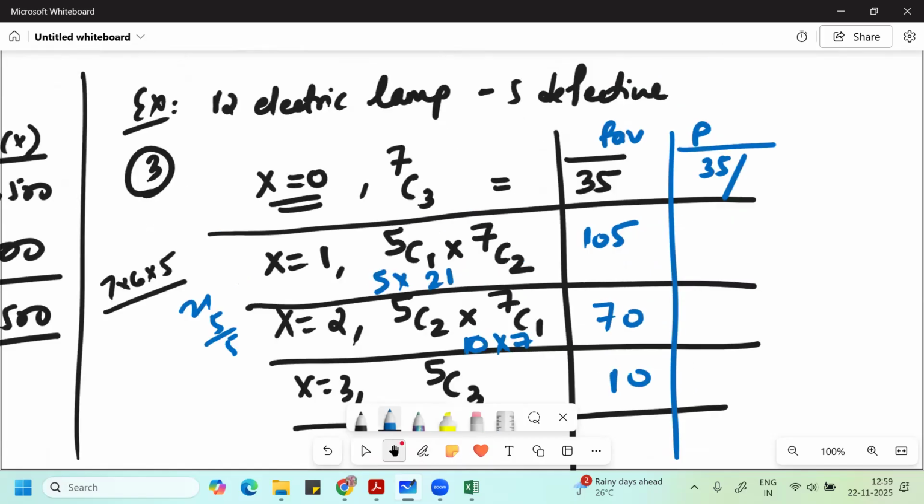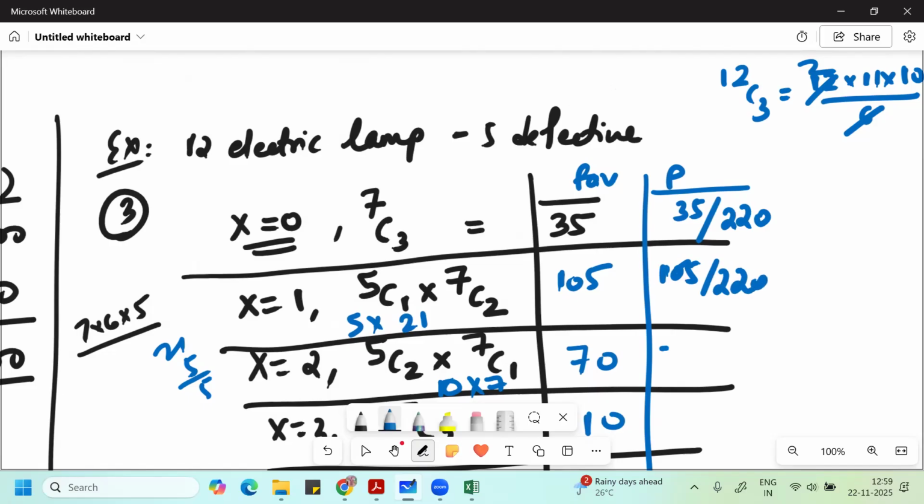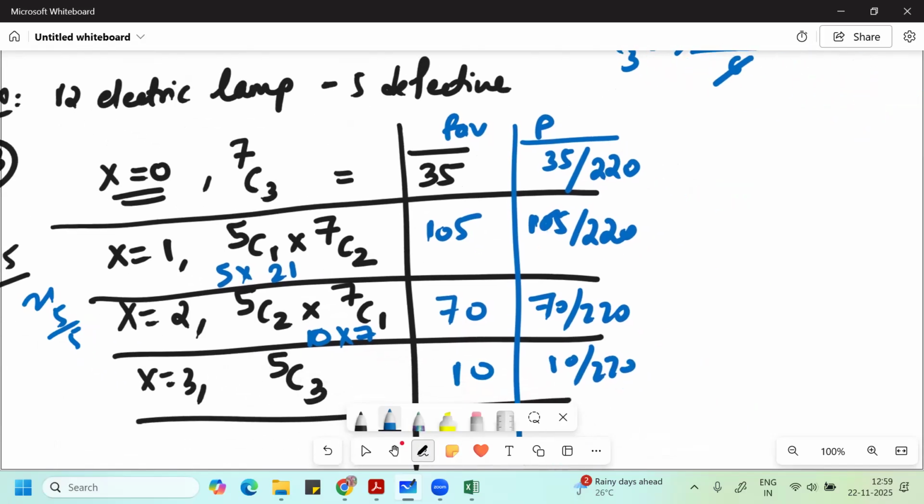Total is from 12 you are picking 3, so 12C3, which is 12 into 11 into 10 divided by 6, which is 220. So the probabilities are 35 by 220, 105 by 220, 70 by 220, and 10 by 220, and your X values are 0, 1, 2, and 3.